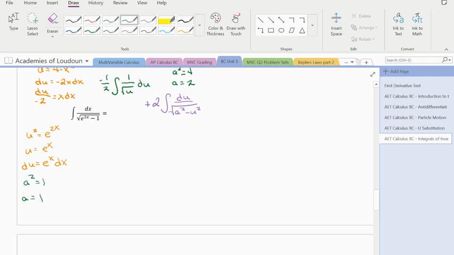So the only thing that we're missing in order for this to be an arcsecant is we need the du to have an e to the x in the numerator, but we also need a u here. Well, because e to the x over e to the x is simply 1, we can rewrite this integral as e to the x dx over e to the x times the square root of e to the 2x minus 1.